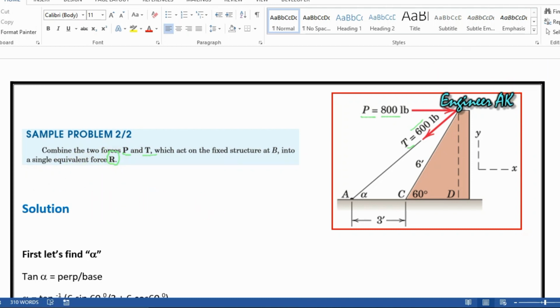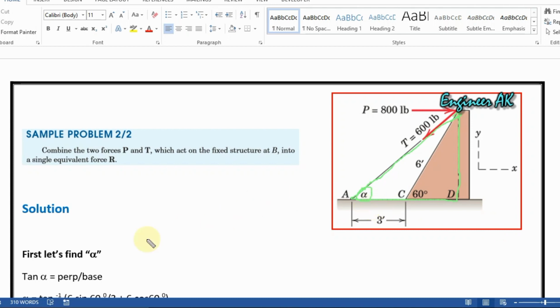So let's move toward the solution. First of all, we will find this alpha. And how can we find it? We will consider this right angle triangle ABD.